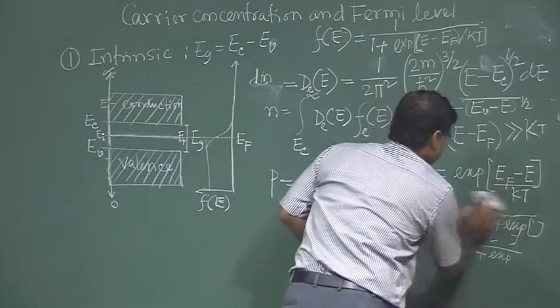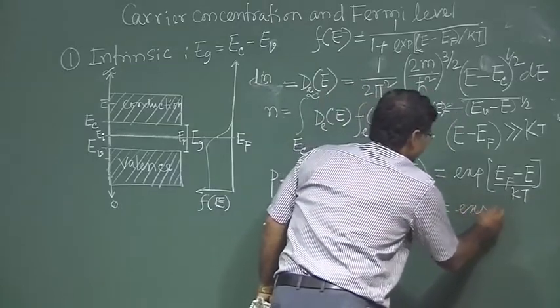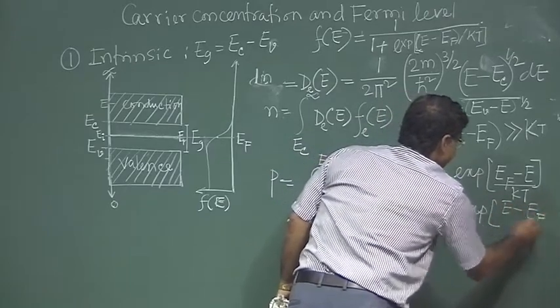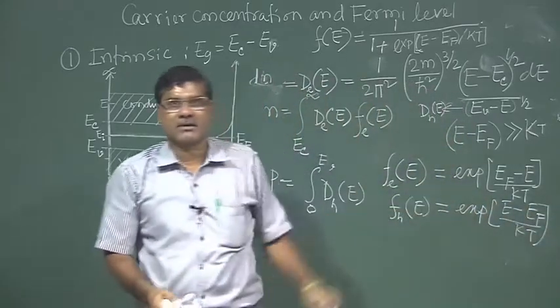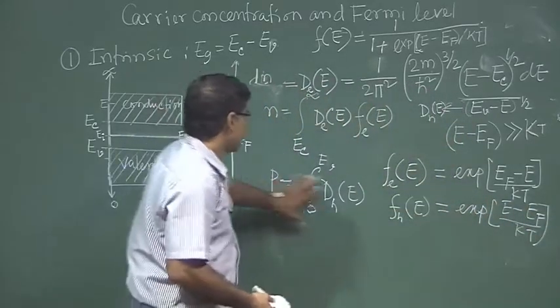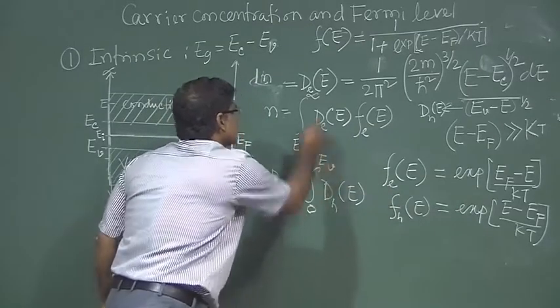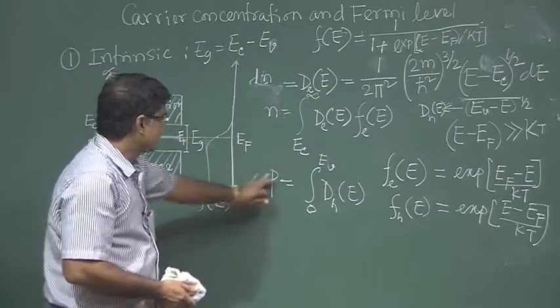Okay. So, it will come exponential E minus EF by kT. Hopefully, I have done correctly, but this is the way one has to do. Okay. So, one can do integration, that limit I have given. Okay. So, if you can do one, so other one also you can do, but these are the things here.